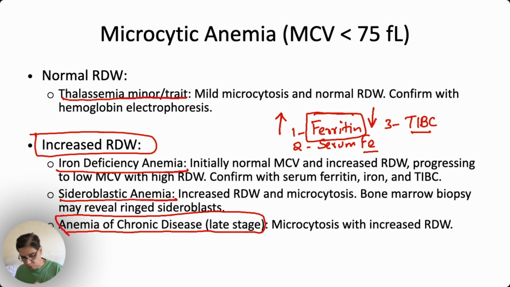Serum iron. Okay, another interesting question is, what if somebody has got iron deficiency anemia and also has got anemia of chronic disease? How would we differentiate that? Because in anemia of chronic disease, the ferritin should be high, because ferritin is an acute phase reactant, and there's deficiency of iron as well.